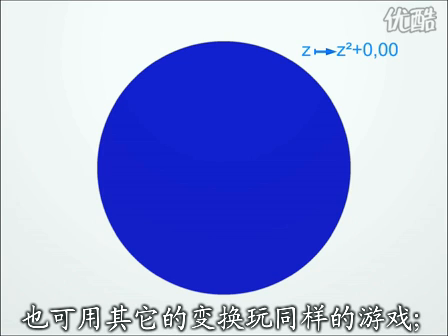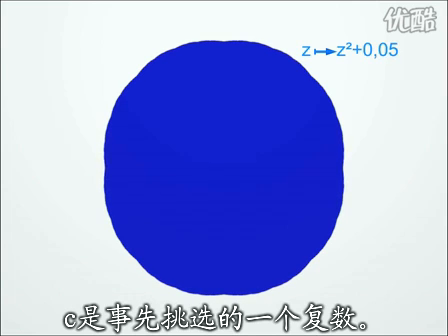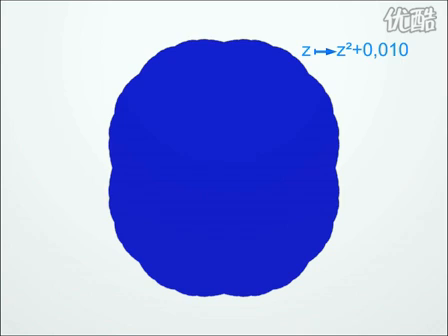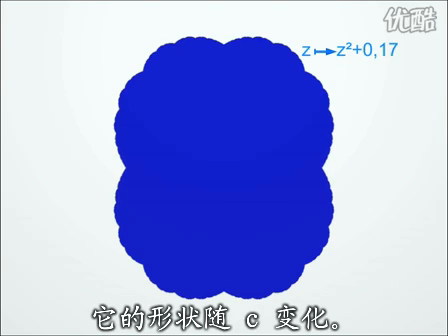But we can play the same game with other transformations, like for instance those of the form z squared plus c, where c is a complex number that we can choose at will. For each complex number c, we therefore have a Julia set whose shape changes when c changes.